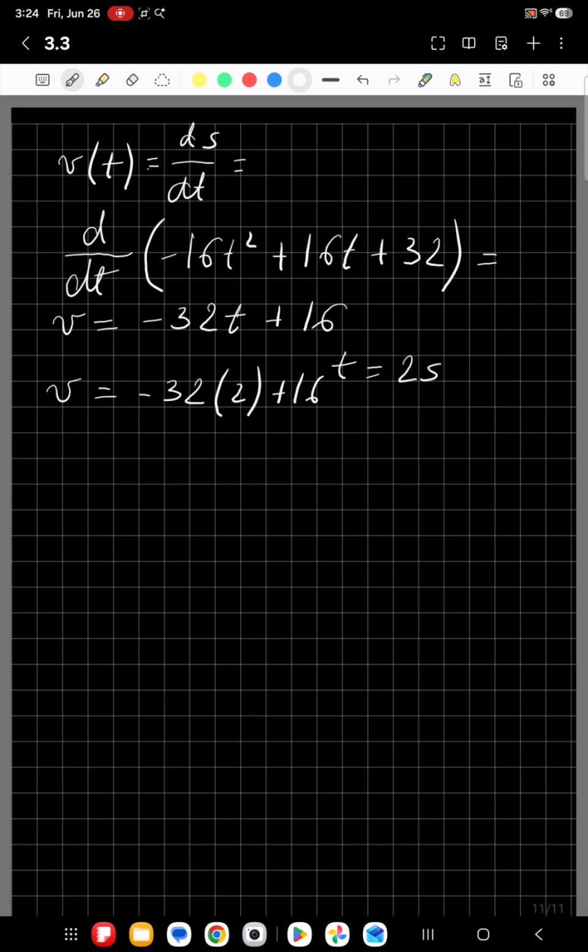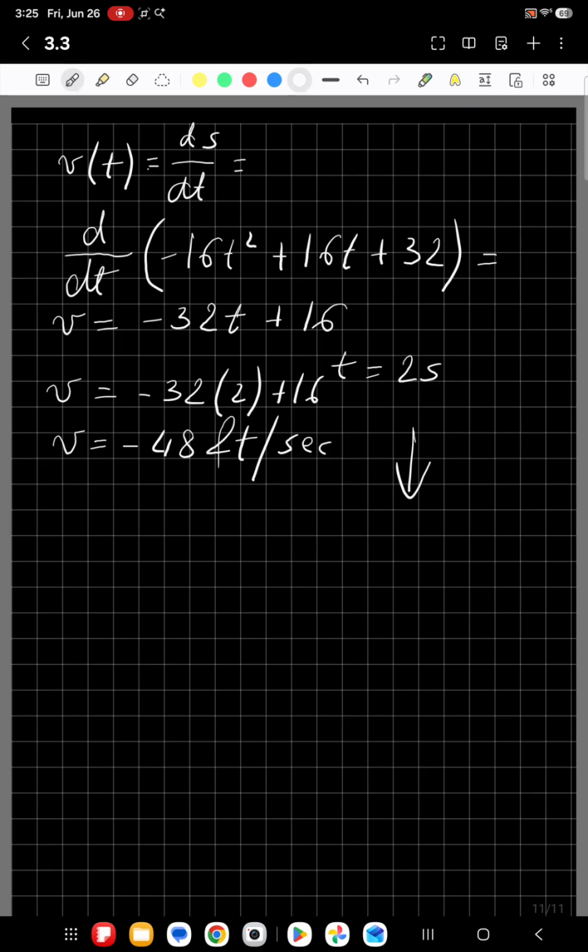So we have negative 32 times 2 is 64, plus 16, negative 48. We have a negative number, in feet per second, because that vector points down. The diver just falls down.